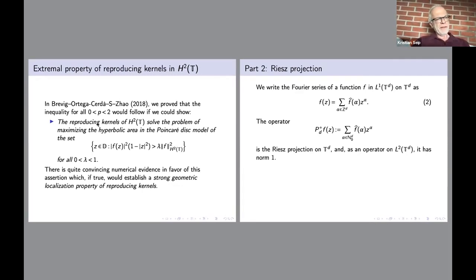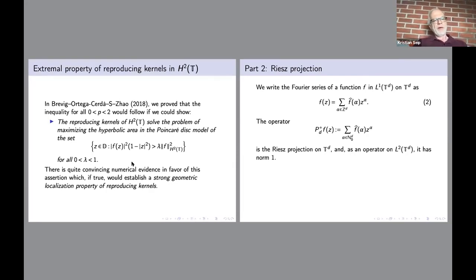I find this a fascinating problem because it says something stronger than what you're used to seeing about reproducing kernels, about their localization in phase space, if you like. It would establish a strong geometric localization property of reproducing kernels. There is again strong numerical evidence that this is true, but we lack a proof.